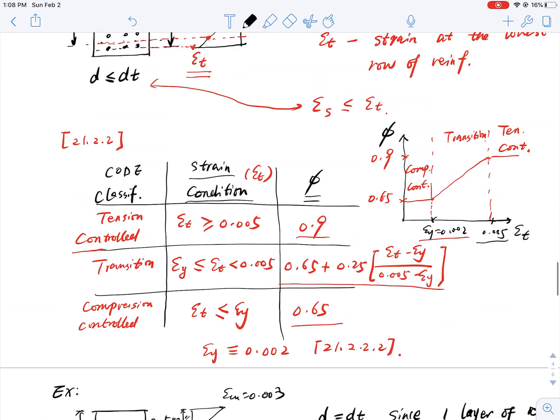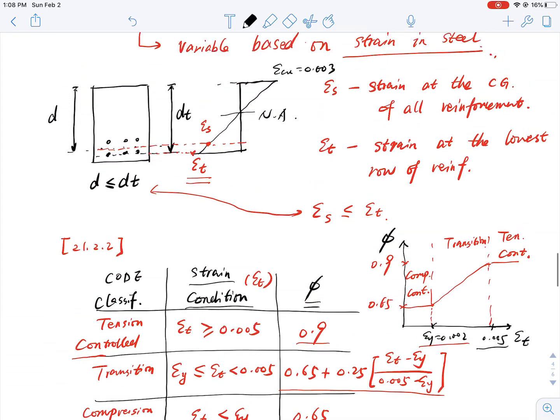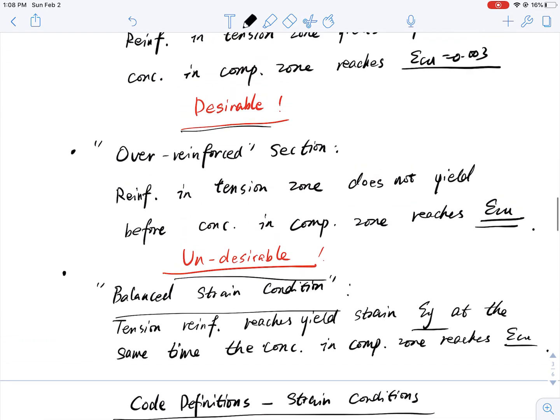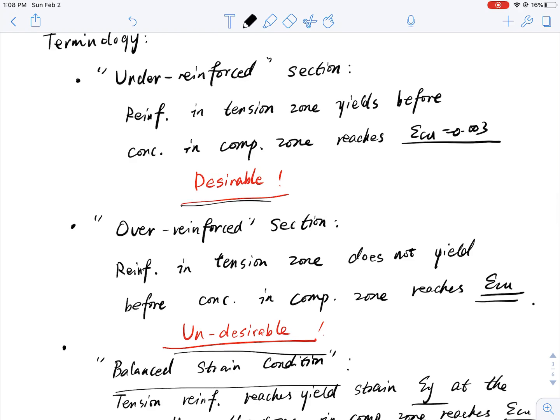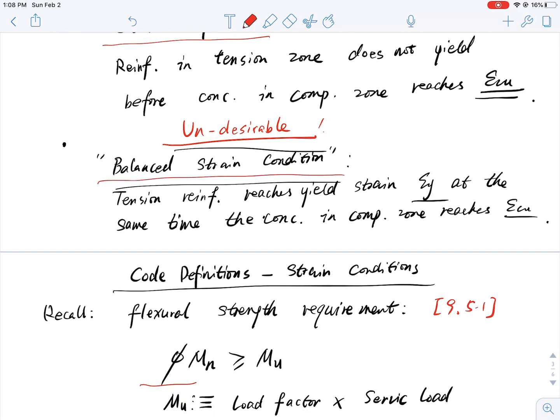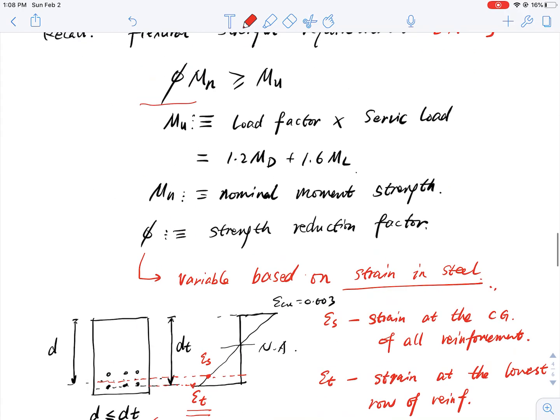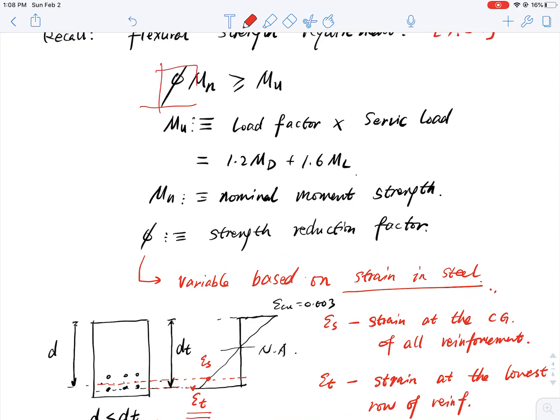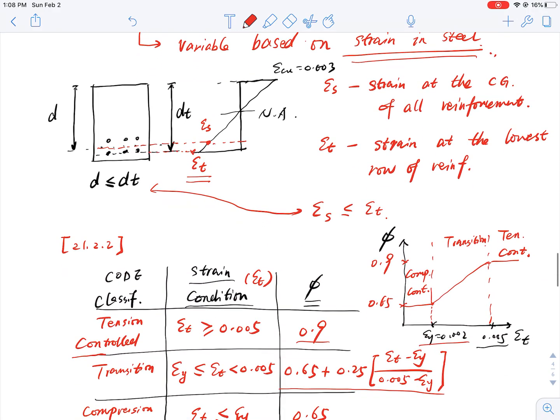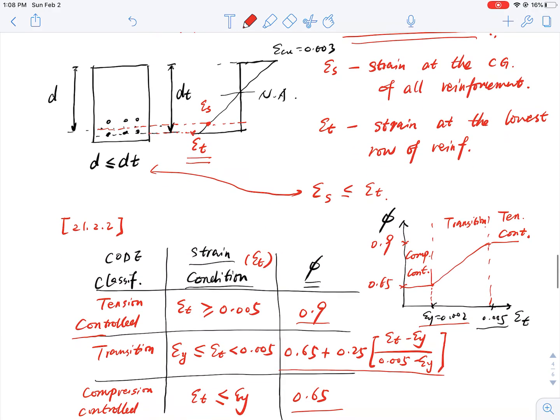All right, so quickly a recap. Today we have shown you that depending on the strain in the steel, we have under reinforced, over reinforced, and balanced strain conditions. And we know that the strength reduction factor phi is dependent on the strain in the steel. So we talked about how we define phi.